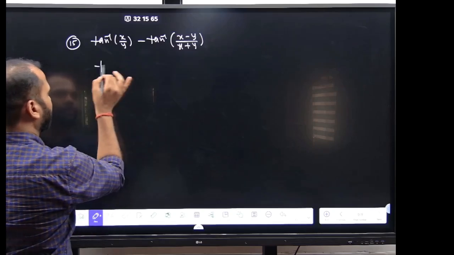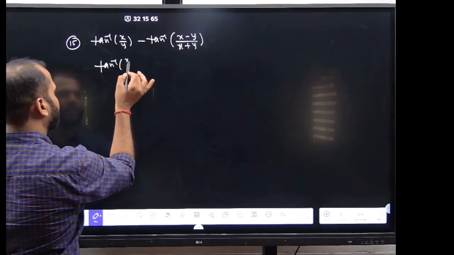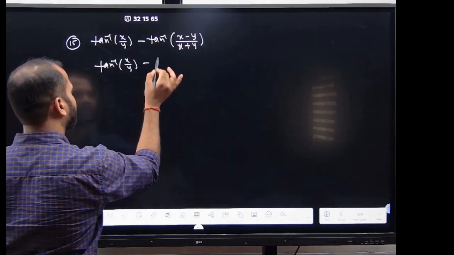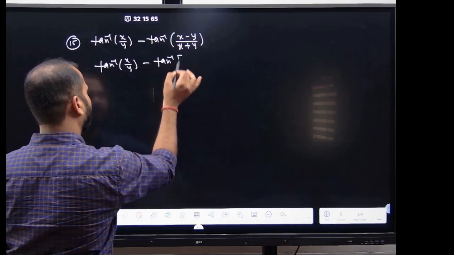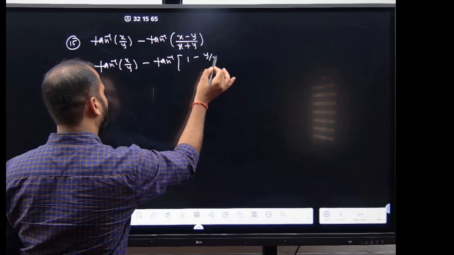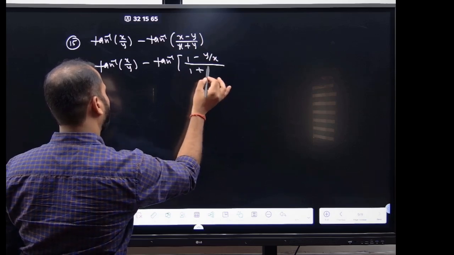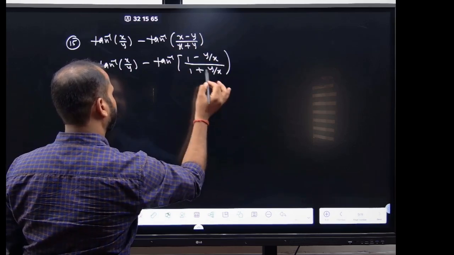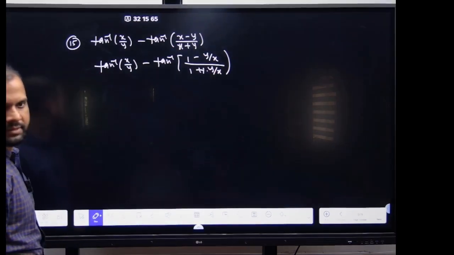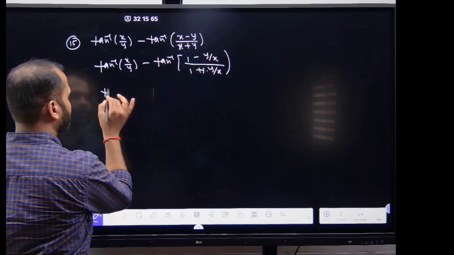Last whatever you wrote, tan inverse of x by y minus tan inverse, what you can write, 1 minus y by x divided by 1 plus y by x. Can I write like this? Which formula I should use? Same.